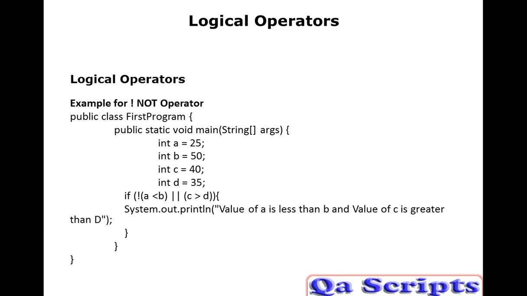So the overall value of that particular condition will become true. On the right side, C is greater than D, so that condition is also true. Even if it is false, the if block will get executed because the left part condition is true because of the not operator. Let me execute this using Eclipse, then it will be easy to understand.